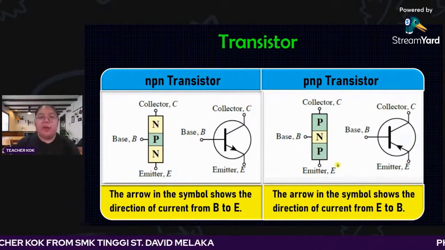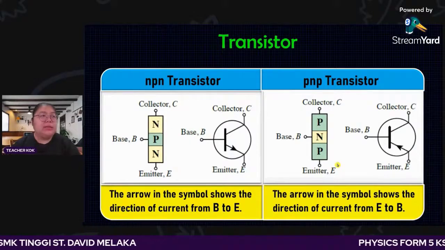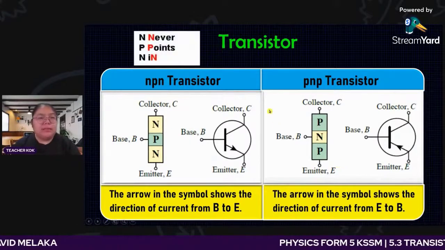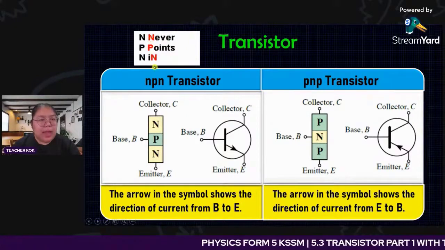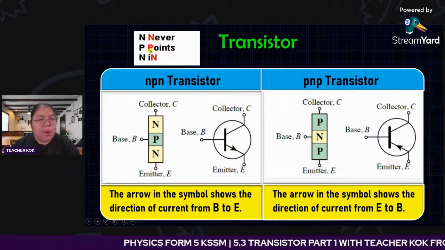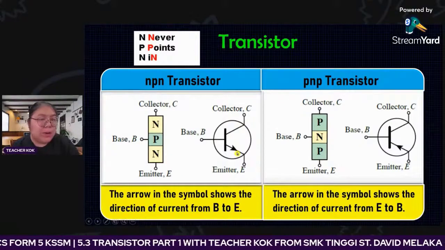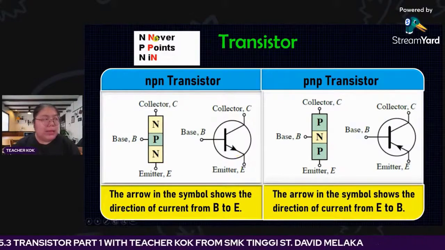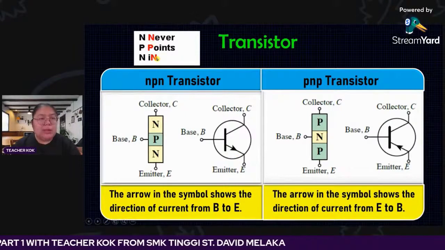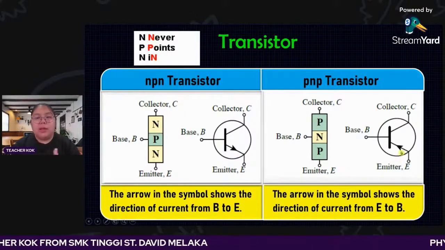Okay, I want to make it easier for you to remember. Let's see this one. NPN: never point in. Never point in means the arrow must be out. So remember this one, the red word NPN, never point in. How about this one?